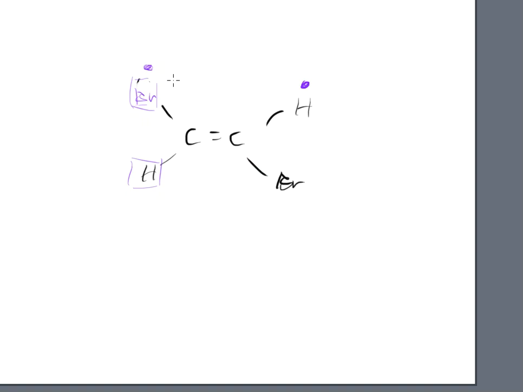How would you name it? Well, you would look at this and you would say, there's a 2-carbon chain here. We would call this ethene because it's a 2-carbon double bond. And then it looks like there is a bromo group on one carbon and a bromo group on the other carbon. So it looks like it's a 1,2-dibromoethene.